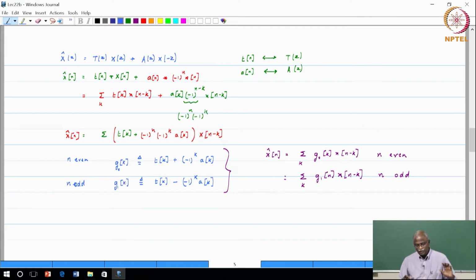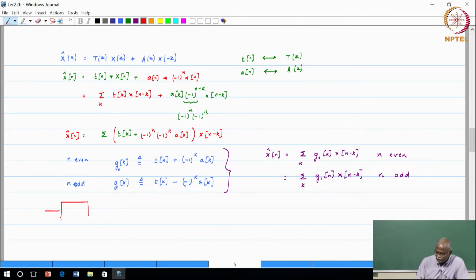I am very glad you brought it up, because for n even, we have to look at the impulse response being g naught of n, and for n odd we have to look at another impulse response, and so the representation comes out to be the following.